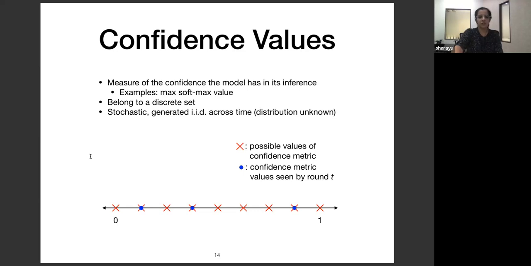For most of our theoretical results, we assume that these confidence values are generated by a stochastic IID process. Some of our theoretical results hold without these assumptions. And of course, for our simulation results, since we use real data sets, this assumption is not true, but our policies perform well even without this assumption.